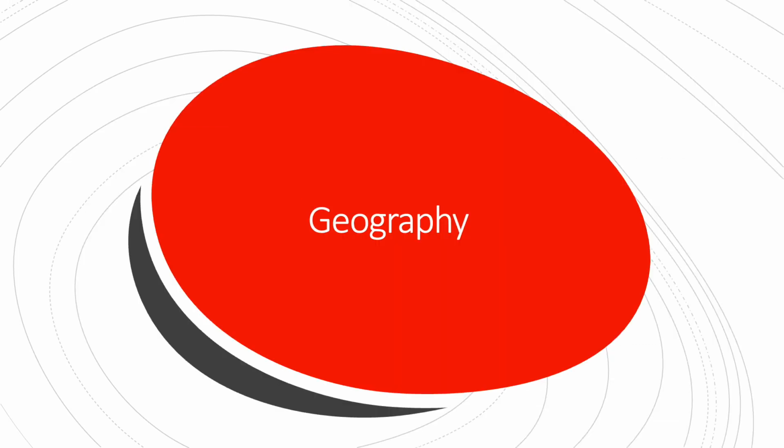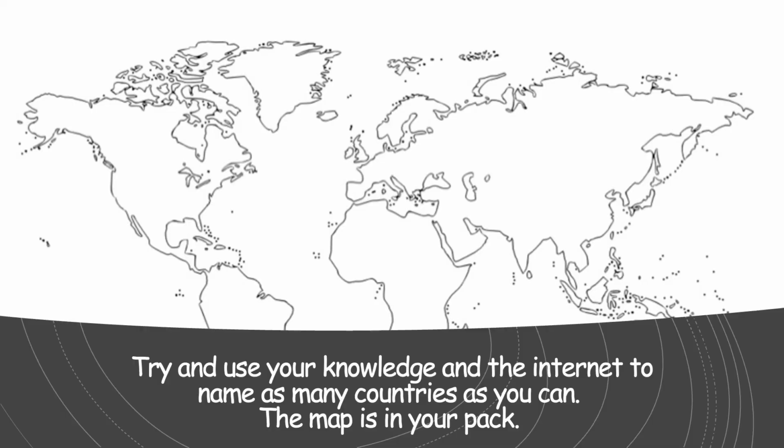Okay, so our wider curriculum that we're going to be doing this week is geography. Okay, so geography, remember, is learning about the world. Just a short task for you to do today. You have in your pack a world map.